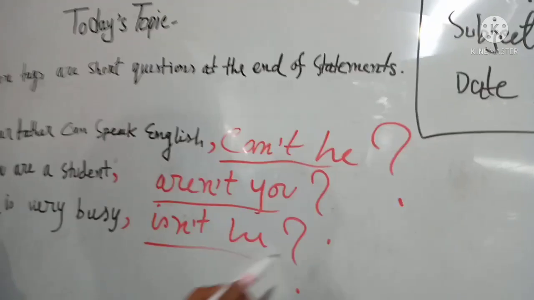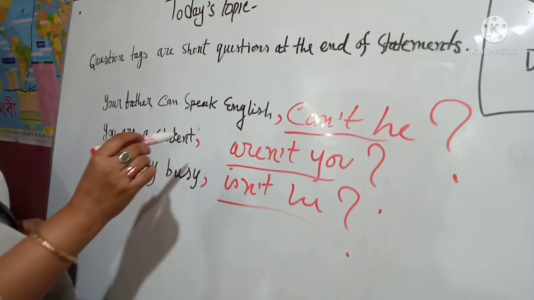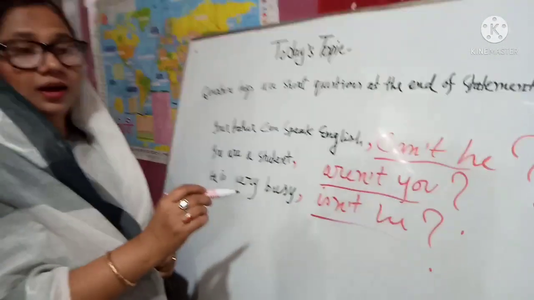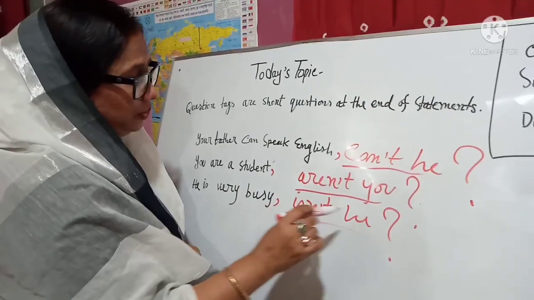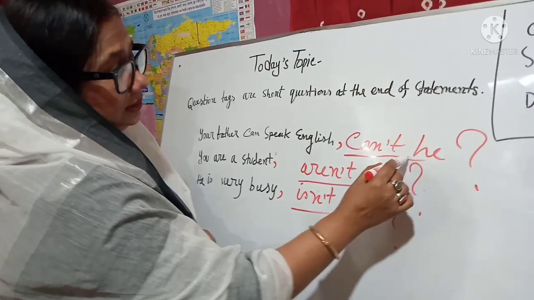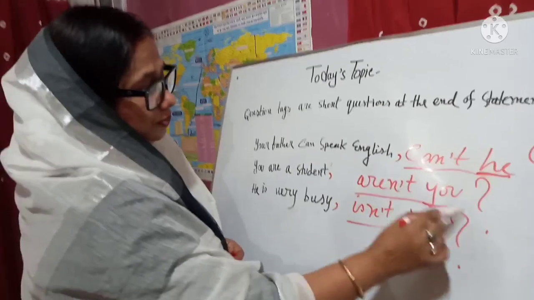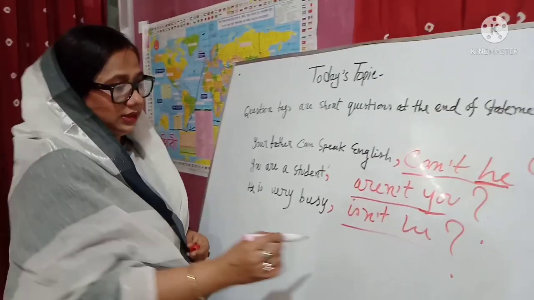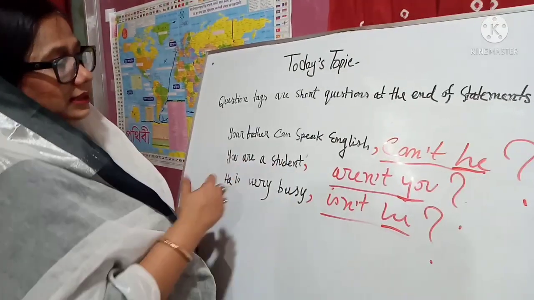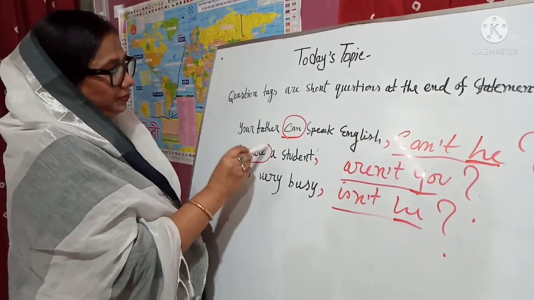Look here. Your father can speak English, can't he? You are a student, aren't you? He is very busy, isn't he? This is a pronoun. You, pronoun. He, pronoun. And we add a modal verb or auxiliary verb.